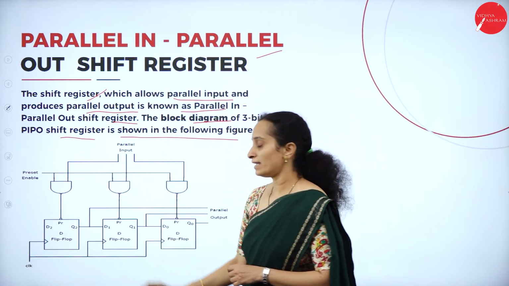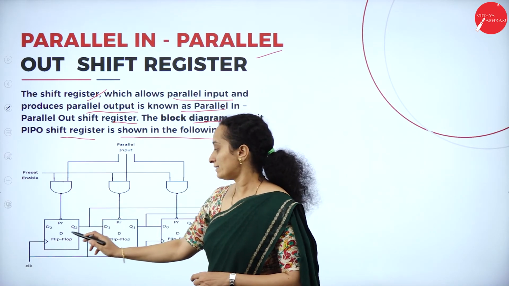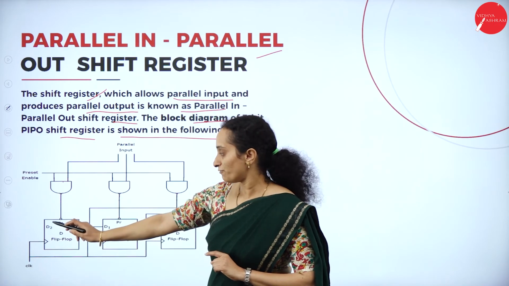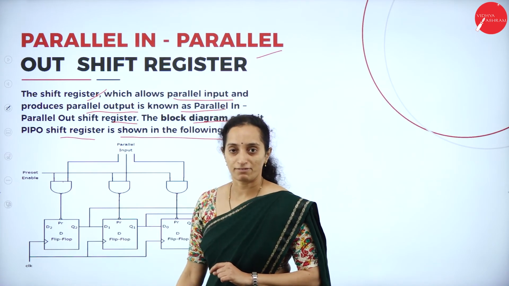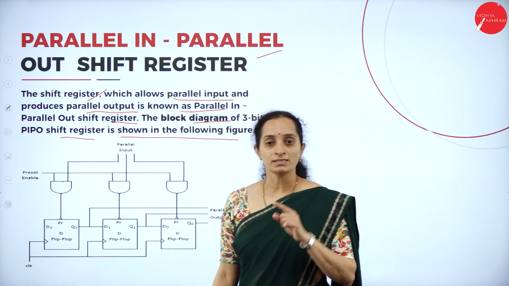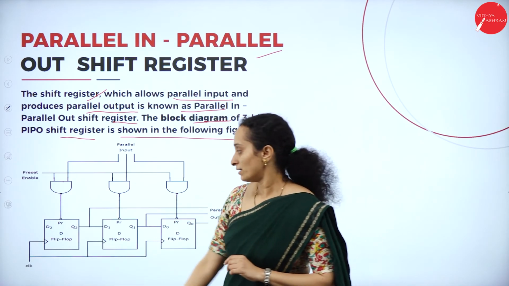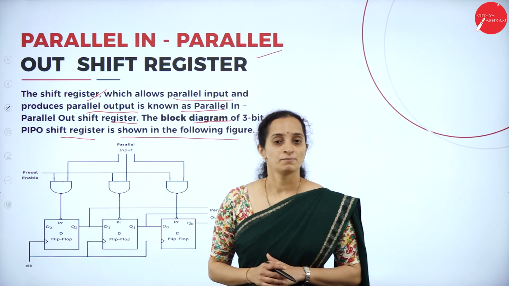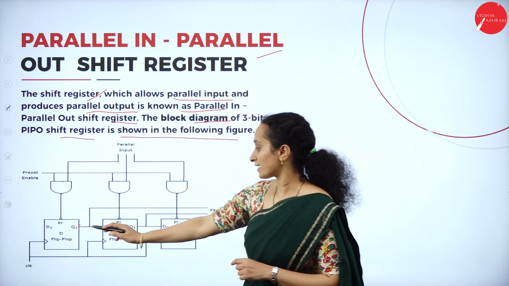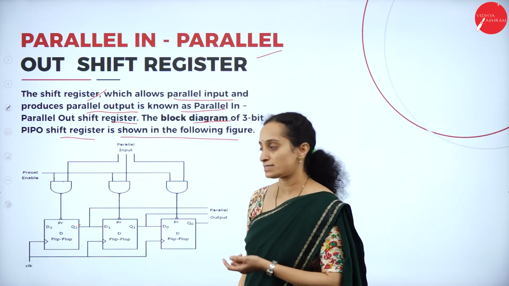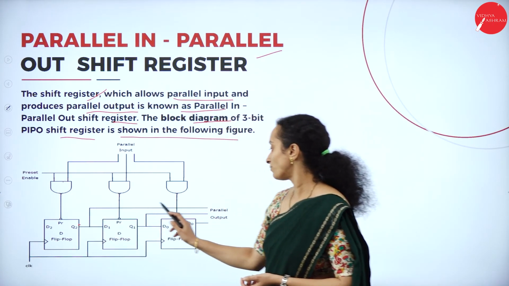Here we have the parallel input. Same as before using the AND gate, each flip-flop gets two inputs, from D2 and the previous preset enabled value, and a clock pulse to trigger the flip-flop. So a flip-flop needs a trigger, and the trigger is obtained by the clock pulse. The output from one flip-flop will act as an input for the next flip-flop. Along with this input, it gives the output parallelly.